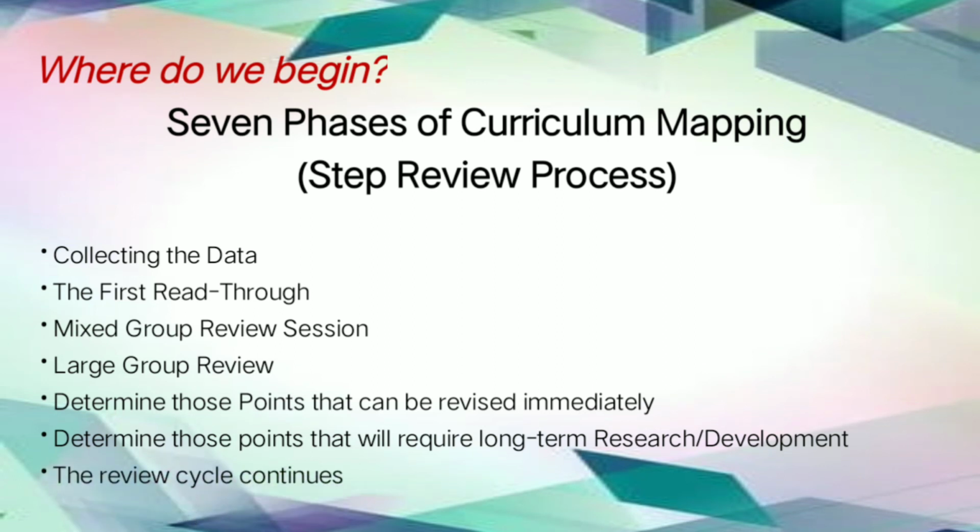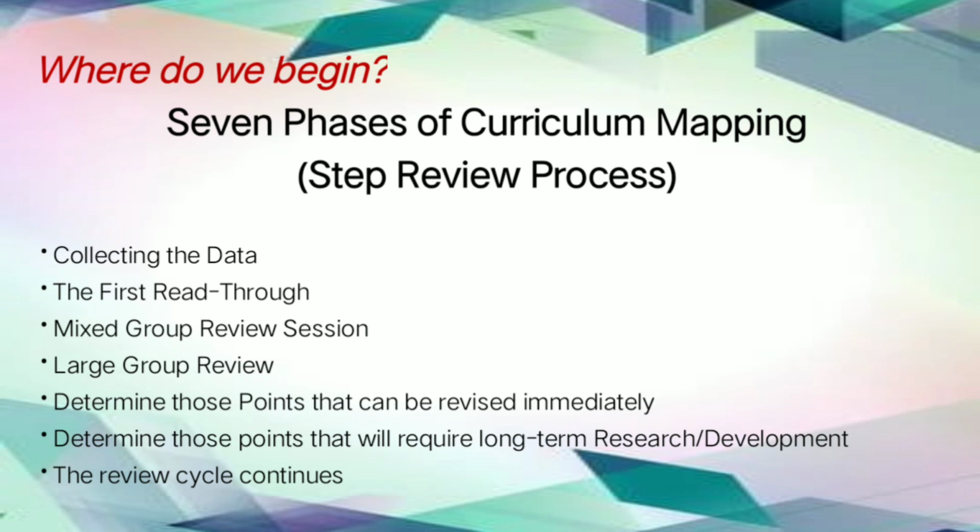According to Heidi Hayes Jacobs, mapping is like a two-sided coin. One side is collecting the data. If you do not flip the coin and focus on the other side, using the data, you miss the true value of mapping. Yes, true.